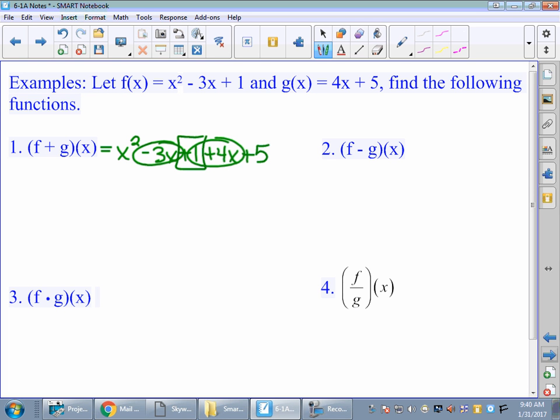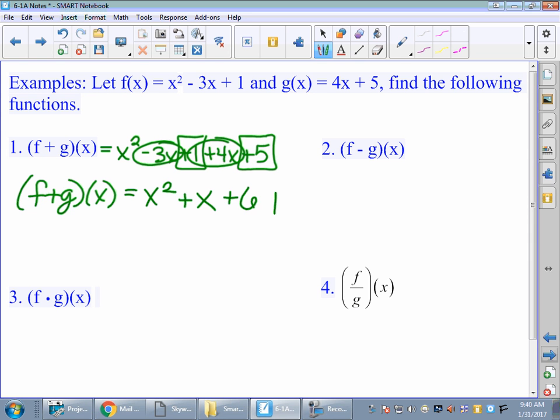Now that I know it's all clean, we want to put this little label out in front that tells us what we found. So we found the sum of f plus g of x: x squared, the negative 3x and the positive 4x make a positive x, and the positive 1 and the positive 5 make a positive 6. So there is the sum of f plus g of x.